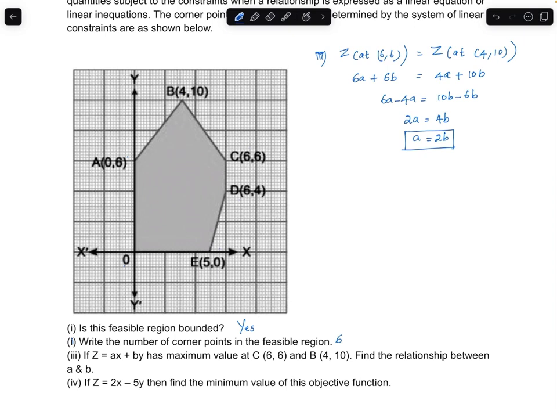Question 4. If z is equal to 2x minus 5y, then find the minimum value of this objective function. Let's take down the corner points.